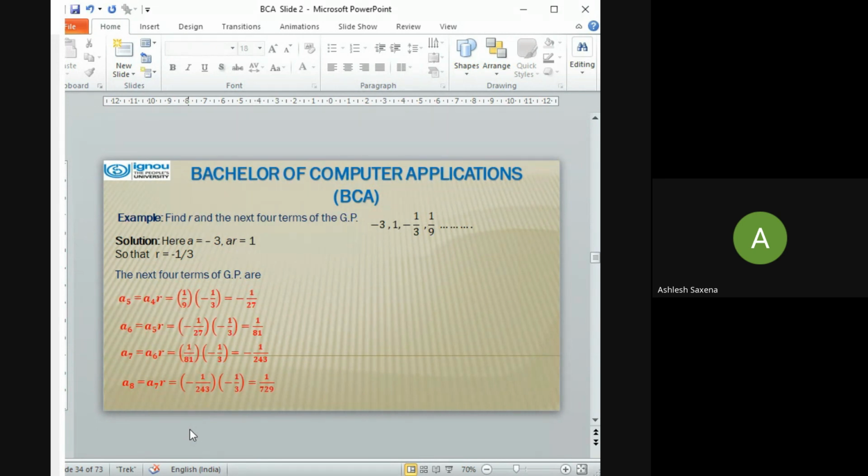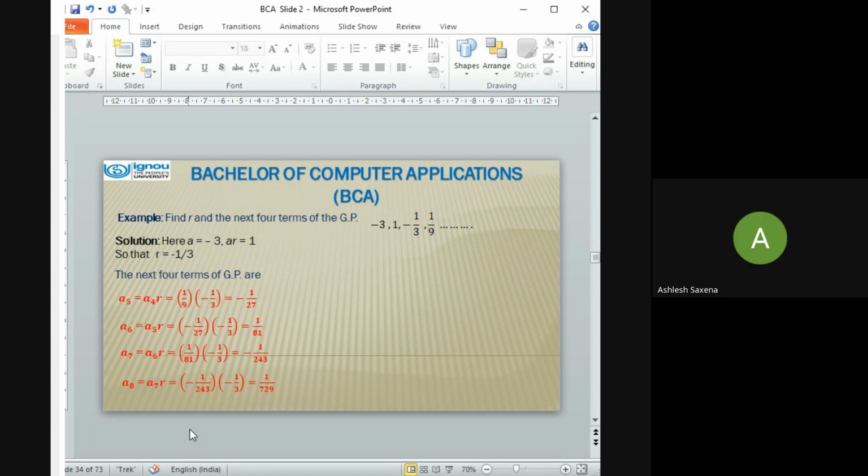Four terms are given to you, and you are being asked to find the next four terms. The fifth term will be a multiple of the fourth term, so A5 will be equal to A4 into R. Why should I apply the formula? Because this is easier than the formula.